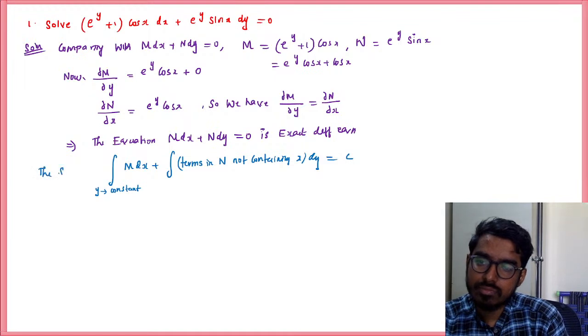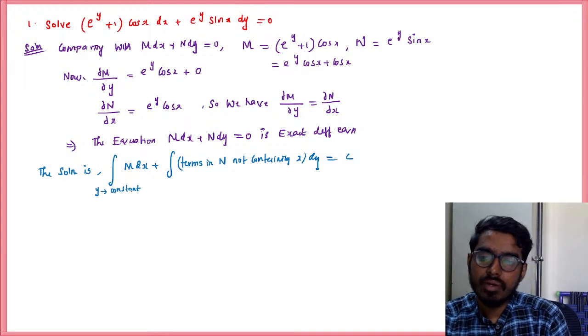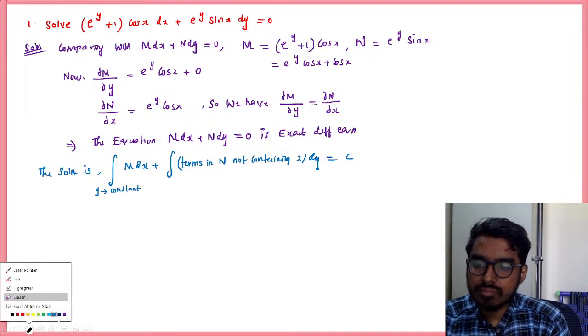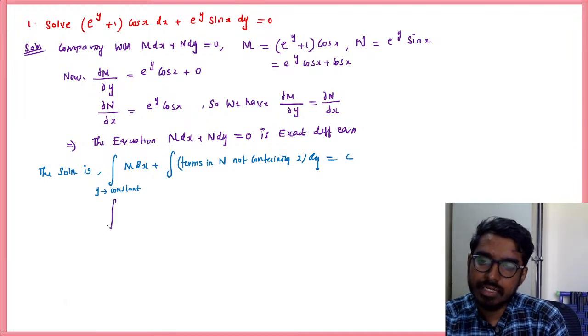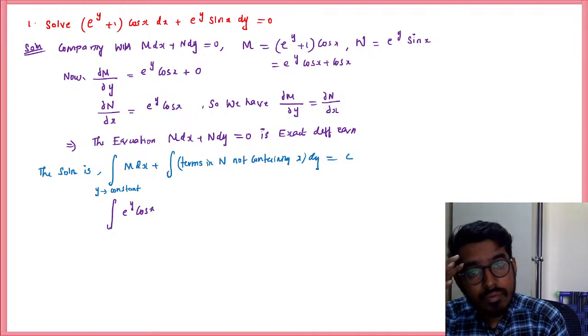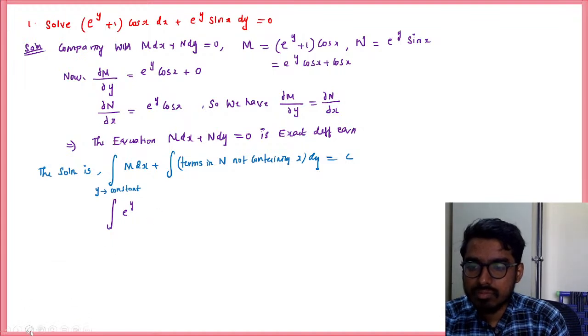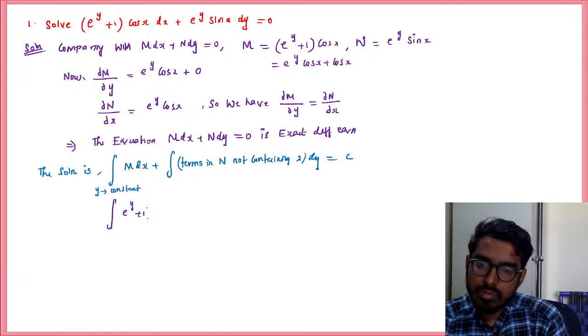Solution is this solution, right? Okay. Now very simple, right? You need to integrate. Now, integration of what is M? M is e power y plus 1 cos x.